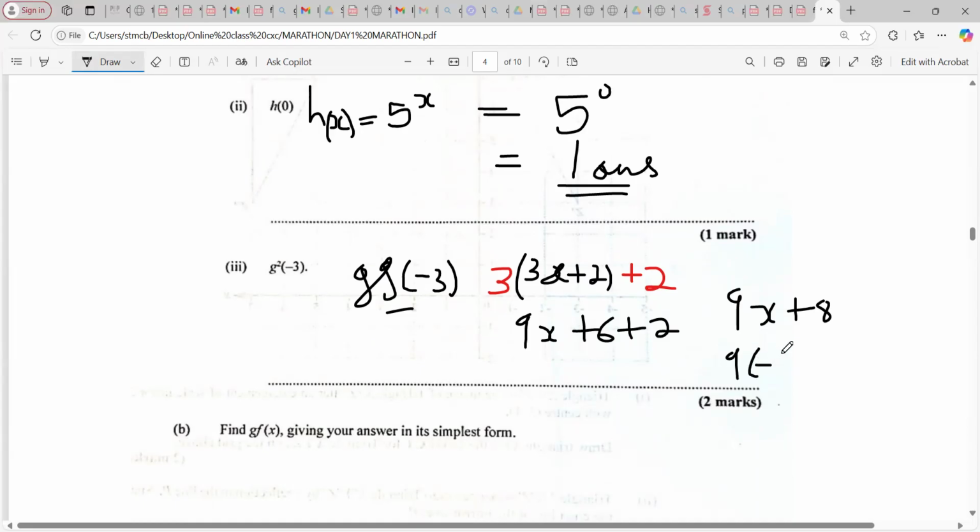So 9 times 3 is 27, and 27 plus 8 works out to negative 19.